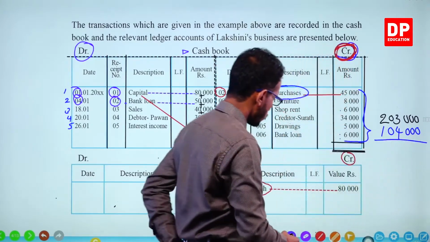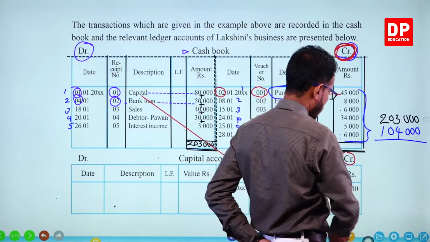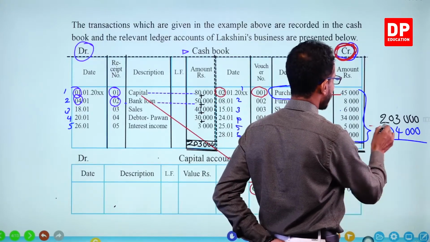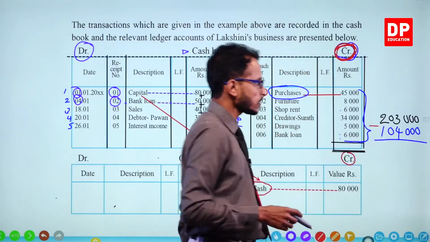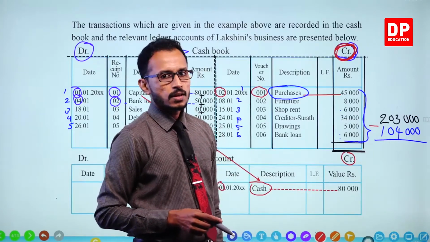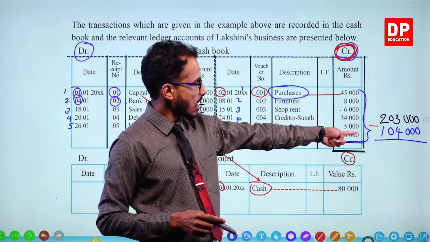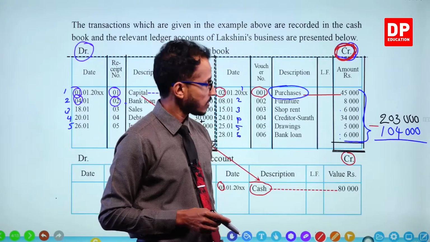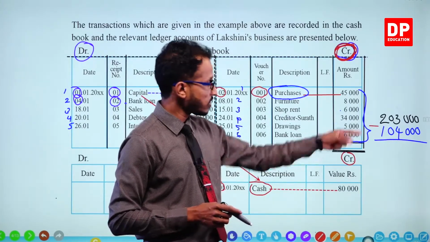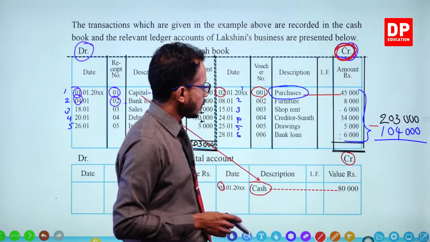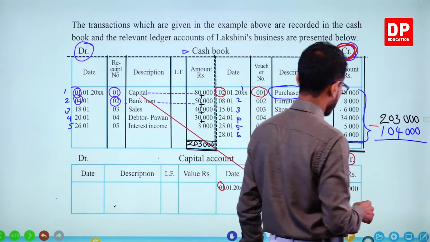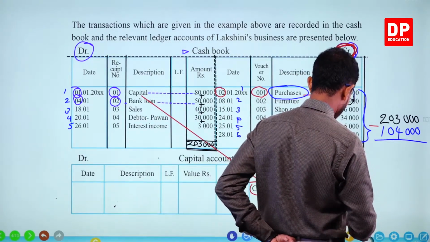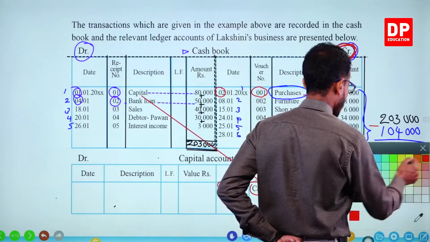Now what we do is we minus. From the debit side total, we minus the credit side total. Subtract 104,000 from 203,000. How much is the answer?